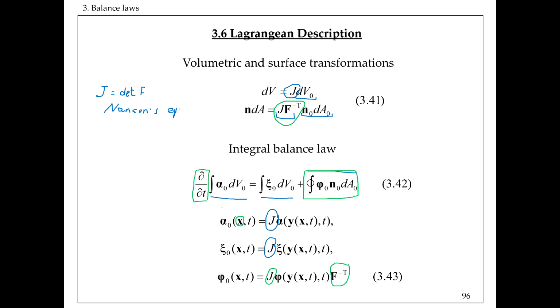All right, so let's then continue and apply that. So first into the local form, and then write how the mass, linear, and angular momentum balance laws will be written in the Lagrangian description.